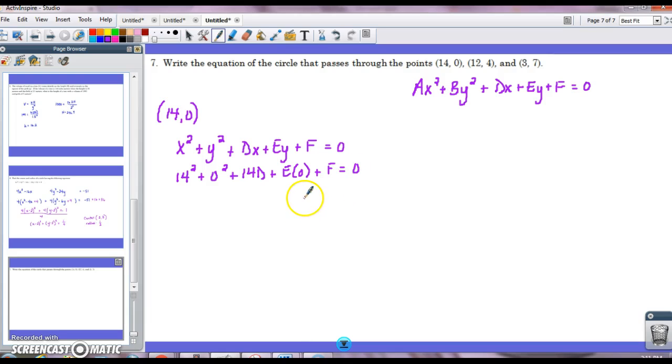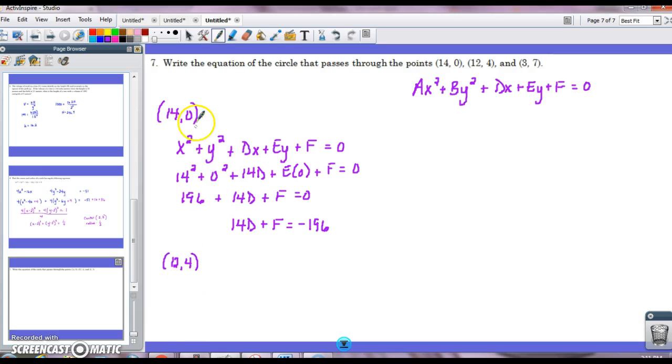That leaves me with 196 plus 14d plus f equals 0, so my equation is 14d plus f is equal to negative 196.